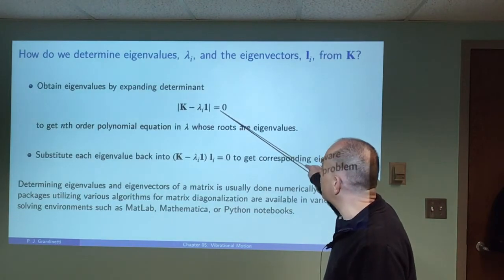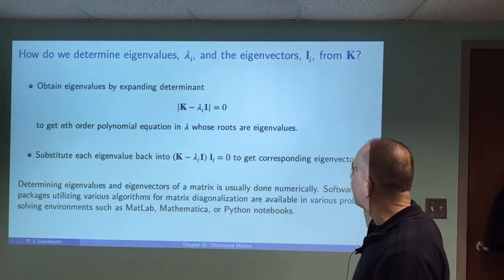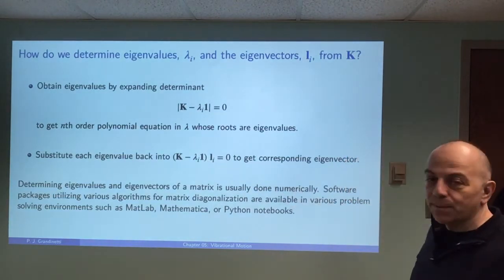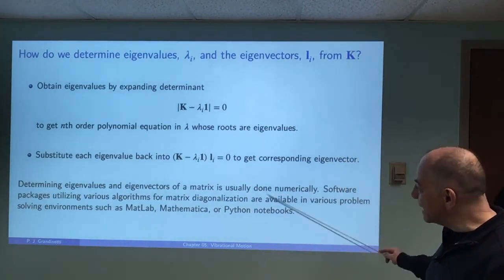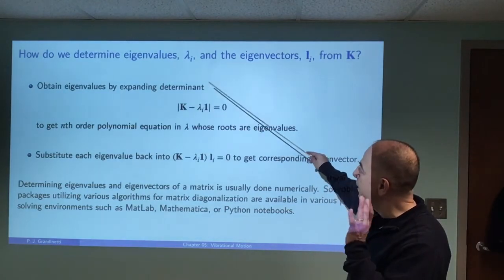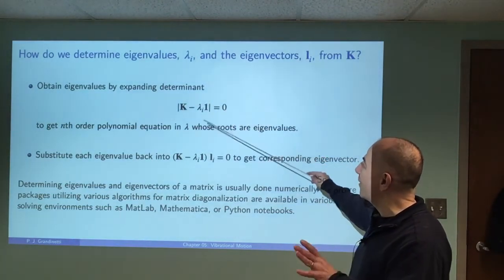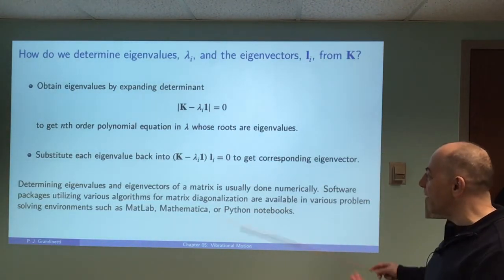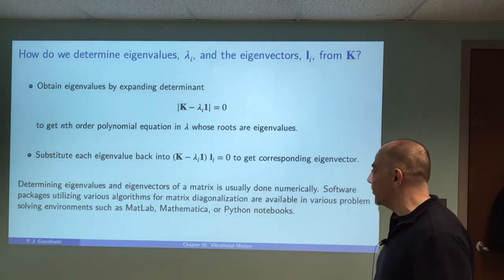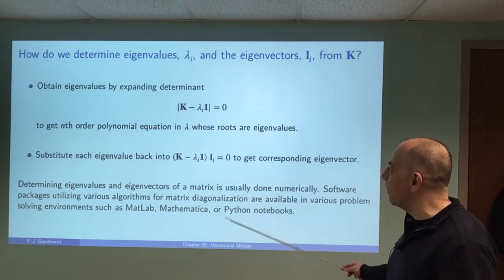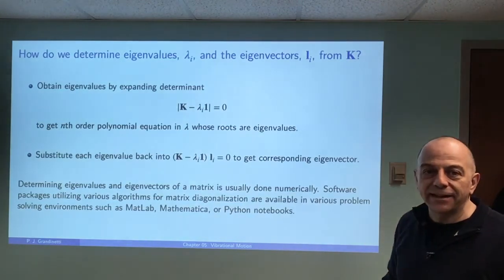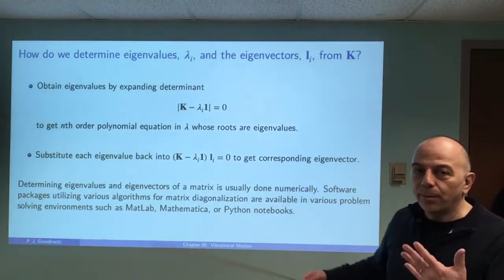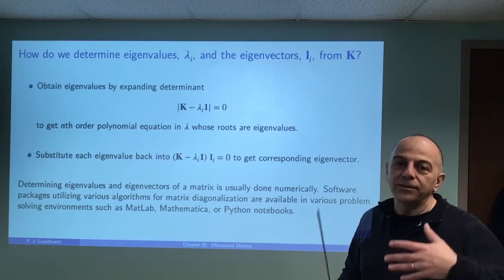So we'll do the determinant to get the eigenvalues, and then we'll substitute each eigenvalue into this expression to get the corresponding eigenvector. But as I said, in the principal axis system of a moment of inertia tensor, the most you had to work with was 3. Here we could have lots and lots of coupled differential equations. So most of the time when you do this, you'll probably be setting this up in a software package like MATLAB, Mathematica, or a Python notebook, and you'll do this numerically, right?